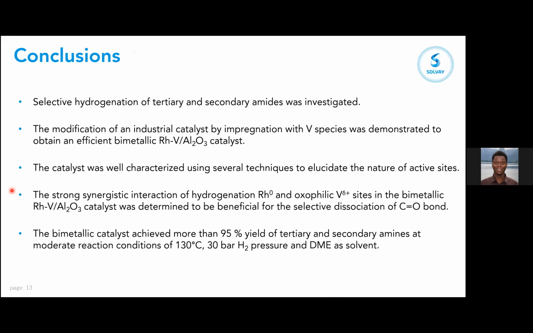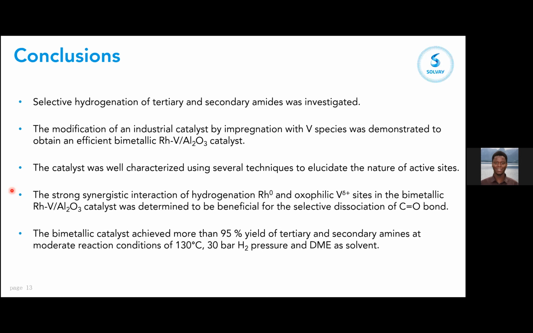So to finish up my talk, I will share with you the conclusion that the selective hydrogenation of tertiary and secondary amide was investigated, and by modifying an industrial catalyst with impregnation of vanadium species, an efficient bimetallic rhodium vanadium catalyst was demonstrated. The catalyst was well characterized using several techniques, which I shared, to elucidate the nature of the active site.